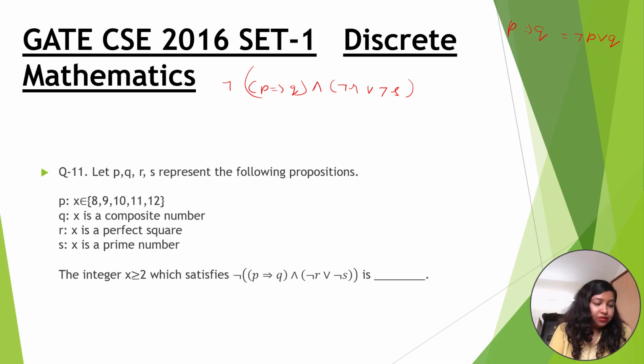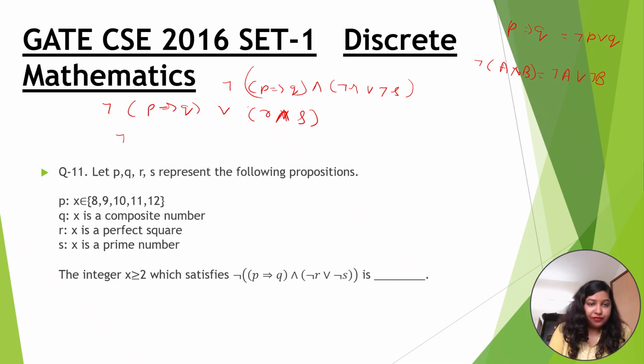Using De Morgan's law, not of (A and B) is not A or not B. So here we have not of (A or B)... not of (R and S).